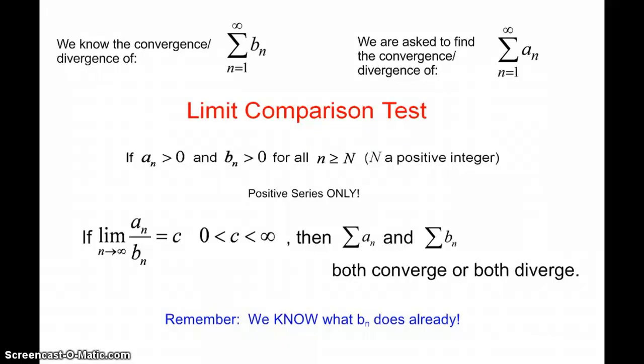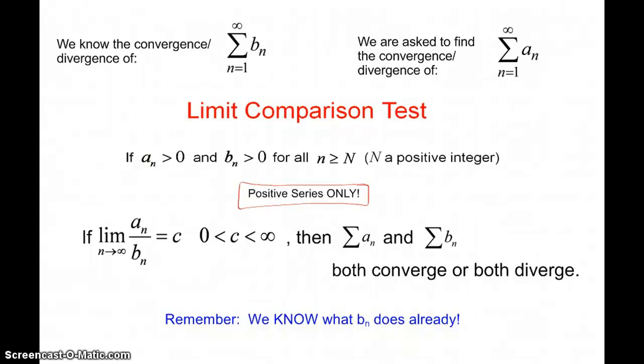So make sure it's clear in your notes that our known series is B sub n, and the known series always winds up in the denominator. Okay, that's where we're going to put B sub n. Our unknown series that we're asked to find the convergence or divergence of, we're going to call A sub n, and we will always put it in the numerator. One caveat for the limit comparison test is it works on positive series only.